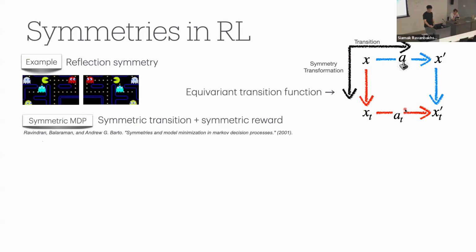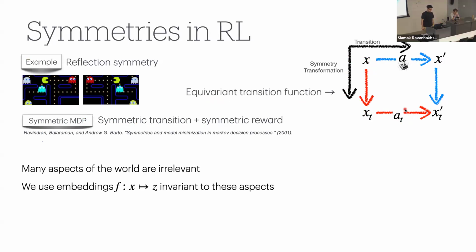You have equivariance here. But there is a second notion of equivariance that comes in because in RL, many aspects of the world are irrelevant to the reward. And you use embeddings basically to get rid of these irrelevant aspects of the world.